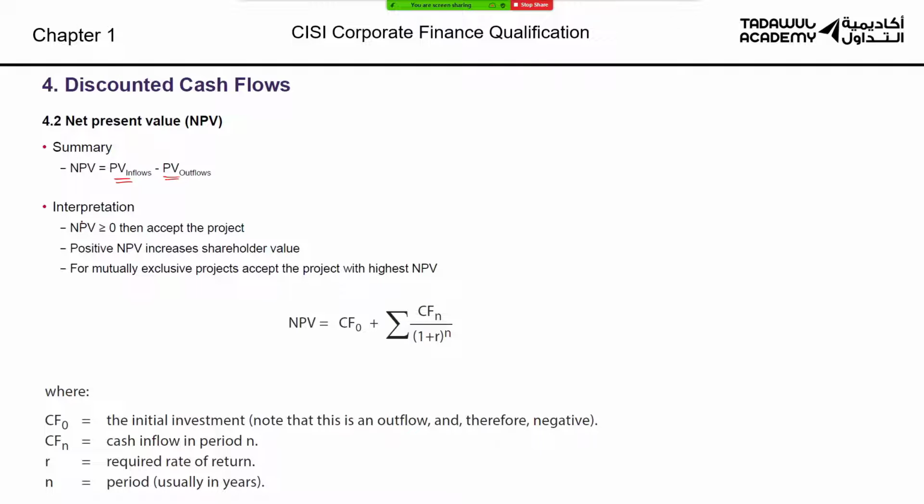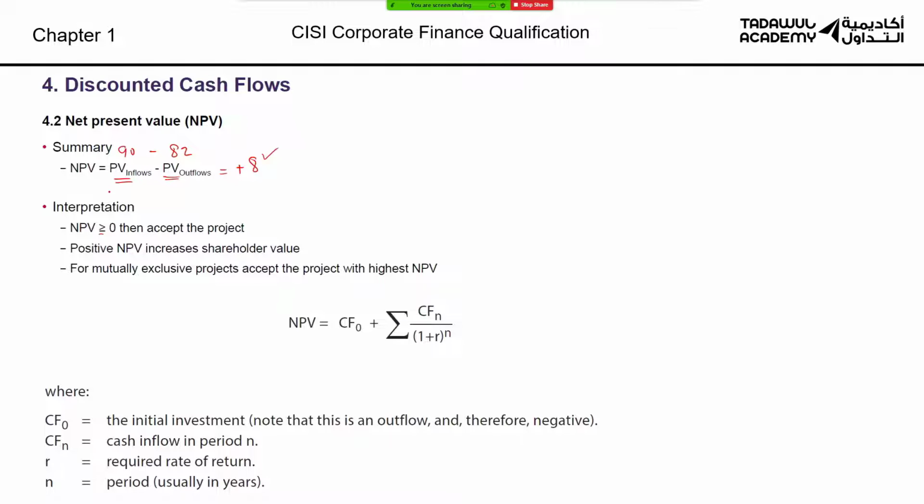If the net present value is over 0, why would it be more than 0? Because the net inflows, let's say, are 90. The net outflows are 82. So the net present value is a positive 8. So if the net present value is over 0, that means I'm going to get value in this project, in this investment. I'm going to go ahead with it.